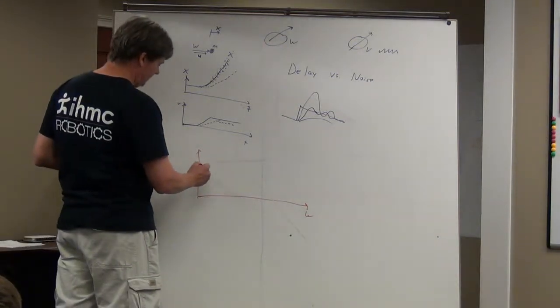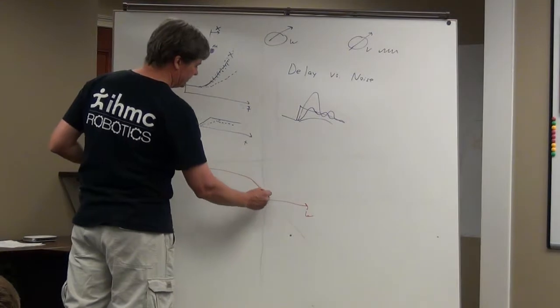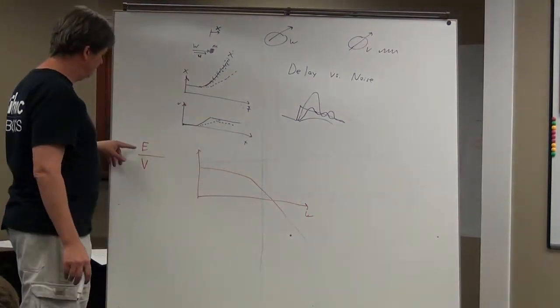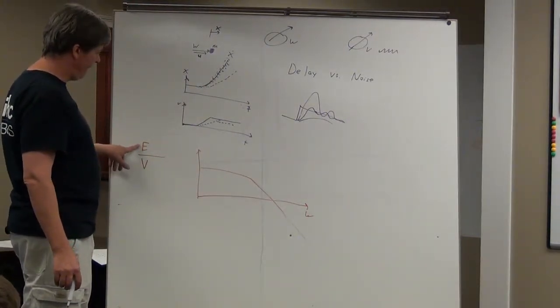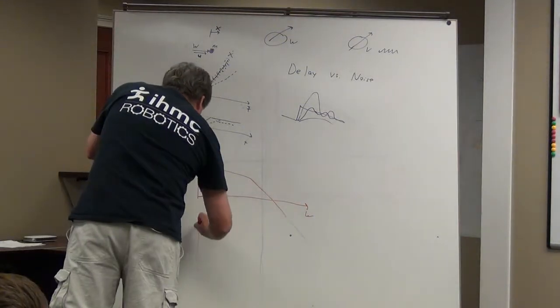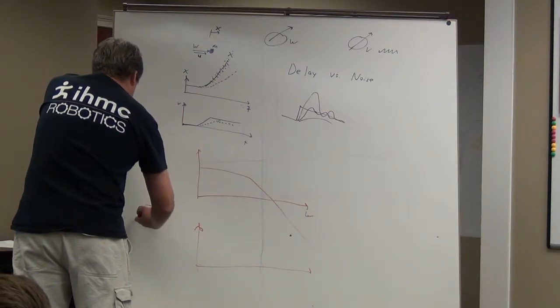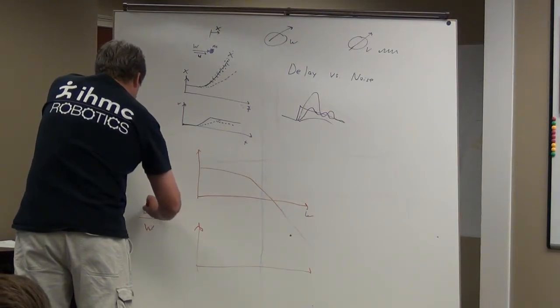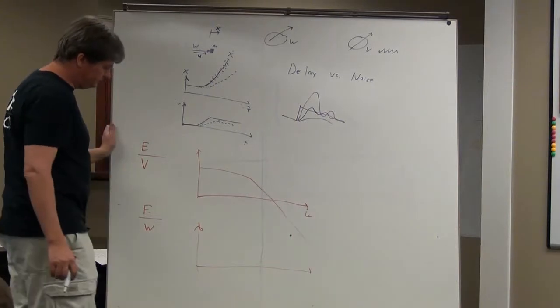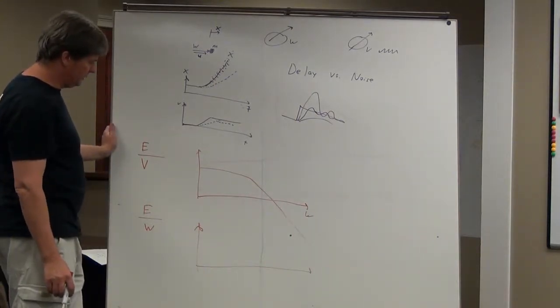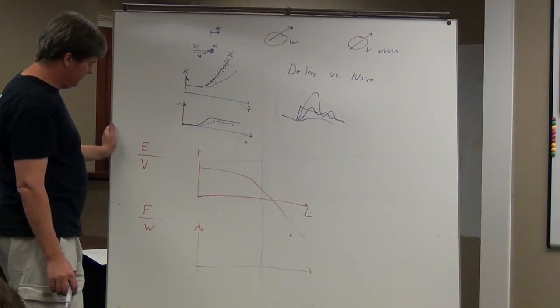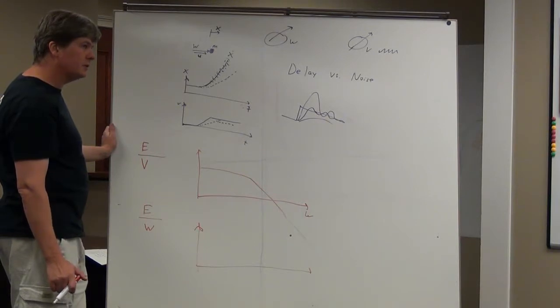So I think what these are going to look like is low-pass filters going from B to E. And then if you look at going from W to E, a disturbance, it's pretty much going to be the same thing, right? No, it's going to be the reverse, because a low frequency disturbance you can reject with control, with integrator systems.